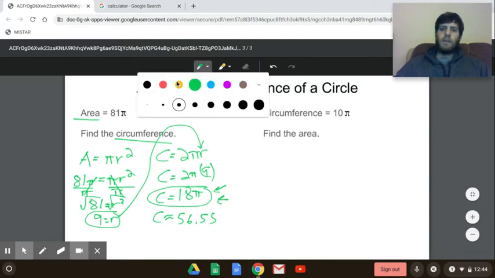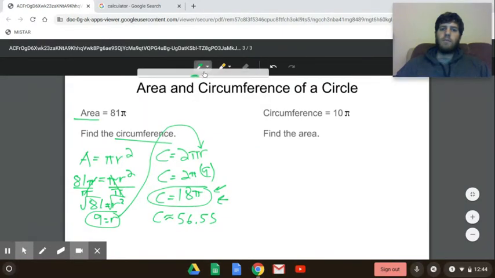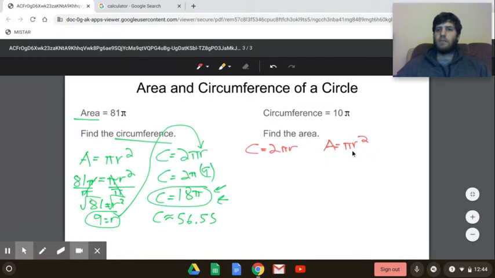Right, and then likewise, we can go the other way as well. So in this one, they give us the circumference, and then we can find the area. So if we write our formulas out, we have circumference equals 2 pi r, and then area equals pi r squared. Okay, so to find the area, we need the radius, and we're going to use the circumference to find the radius.